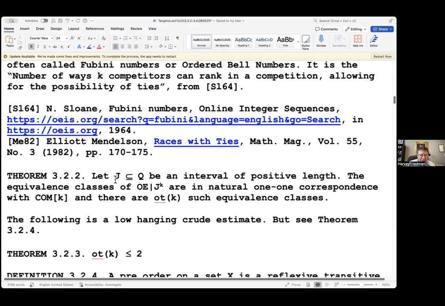A rational interval is an interval in the rationals with endpoints from the rationals. The equivalence classes of OE restricted to J to the k correspond naturally with com k, and there are OT of k such equivalence classes.